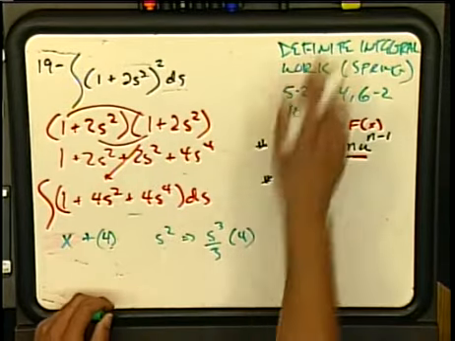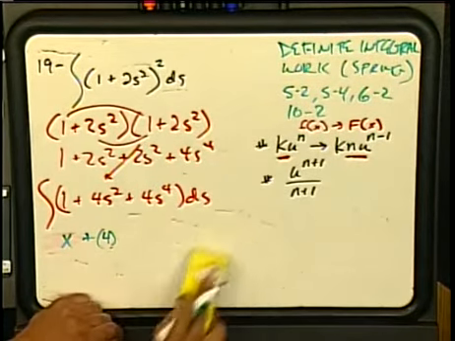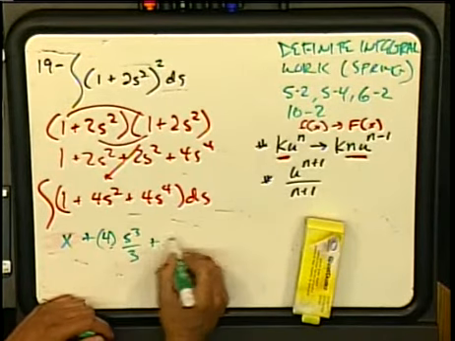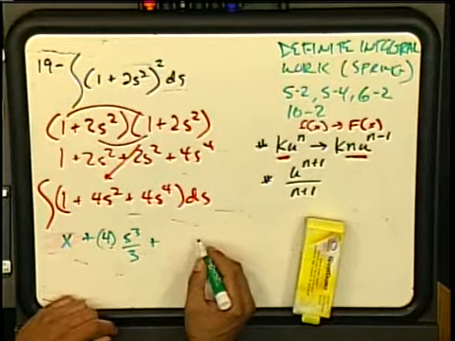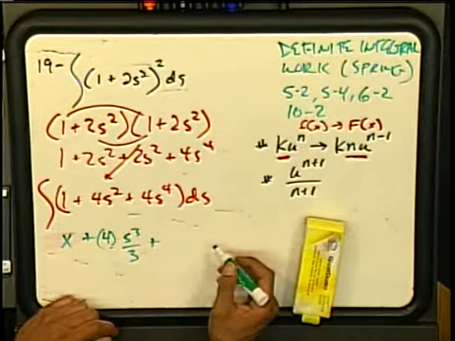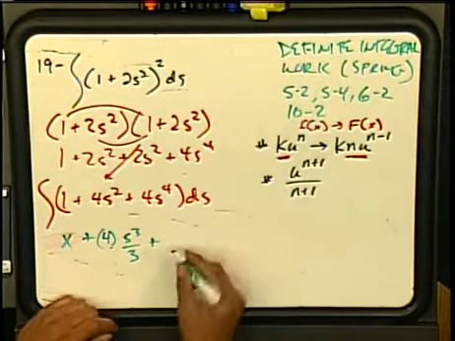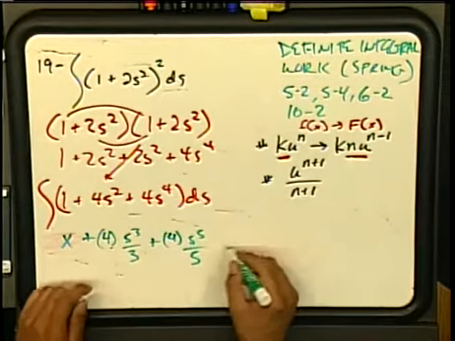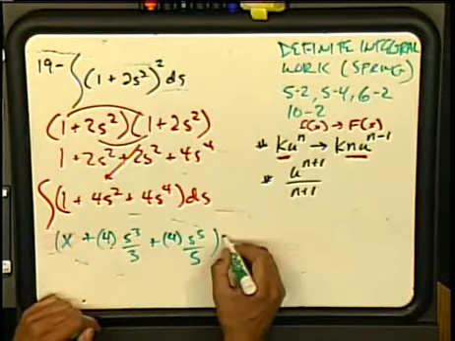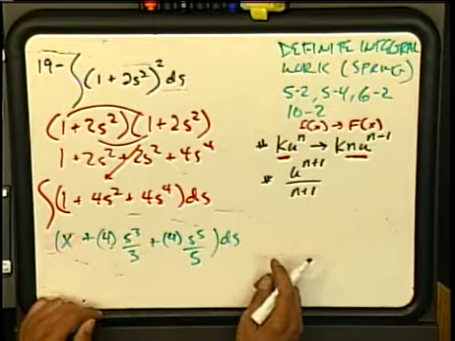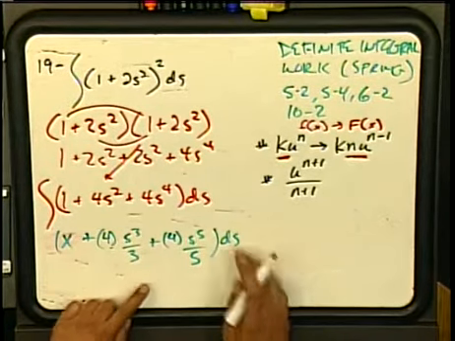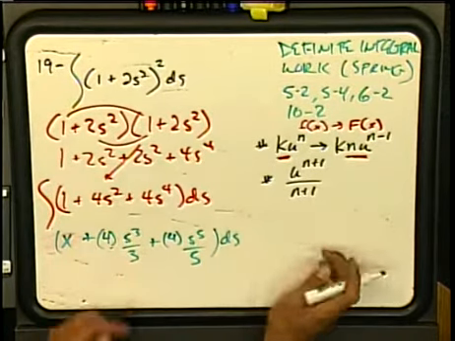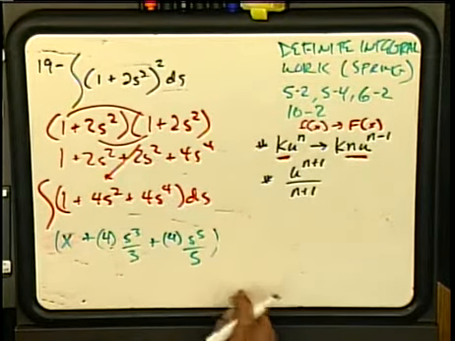Plus s cubed over 3 plus the next one. Help me with this next one too: 4 s to the 5th over 5, ds. This is the antiderivative.